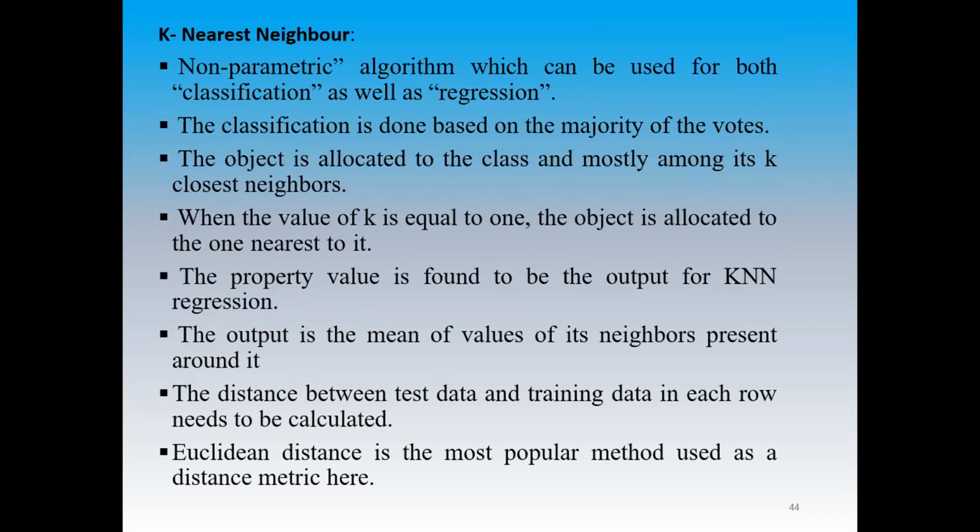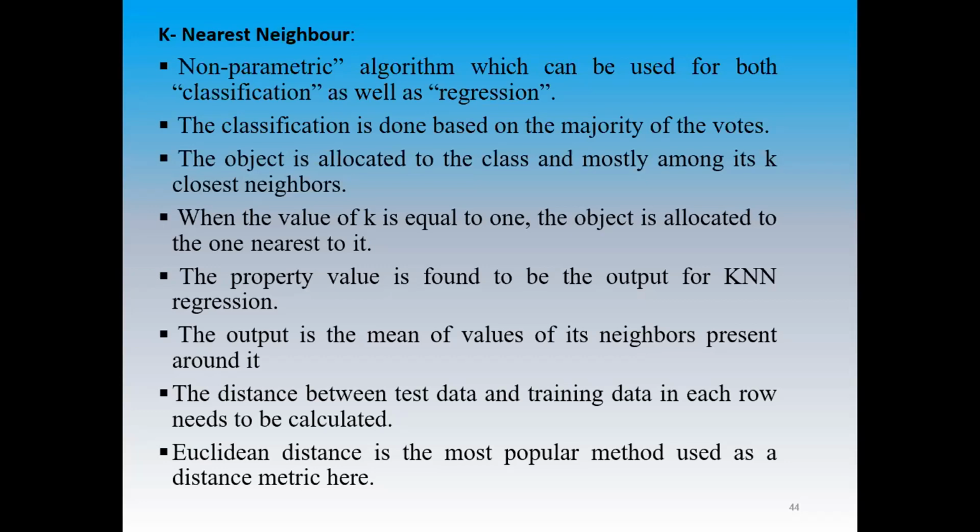So what they actually do is you have a data set, say X and Y. We calculate the distance between the testing data and the training data. For calculating the distance, we use what is called Euclidean distance. There are many other distance mechanisms also, for example Manhattan distance, but Euclidean is the most predominantly used in K nearest neighbor.